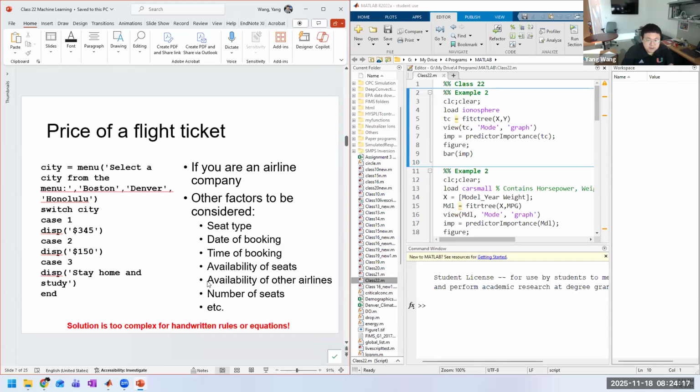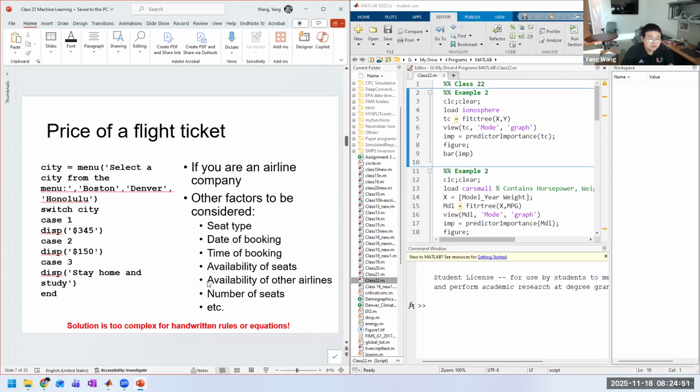Then the number of seats, basically how big your airline is, etc. These are all the different features an airline company can consider, and then you can use all of the data that you have obtained from past years and analyze the profit, because eventually you want to increase the profit of operating the airline. And this is a perfect place for using machine learning to set the price.